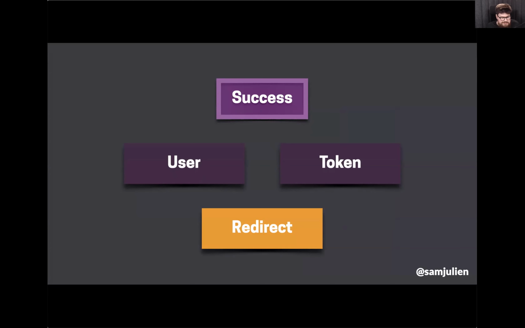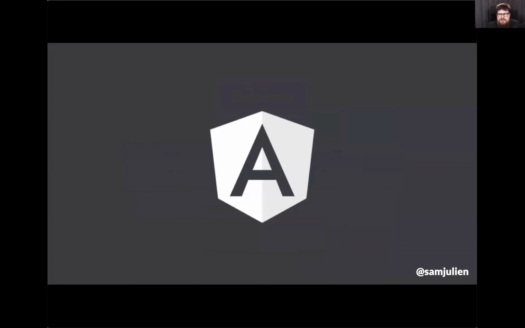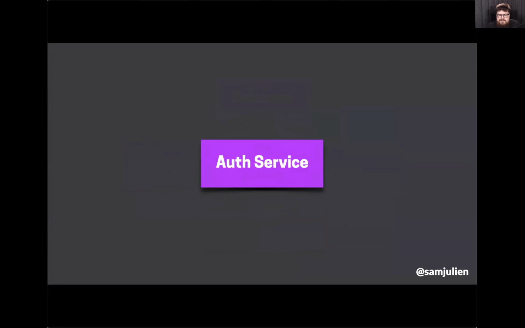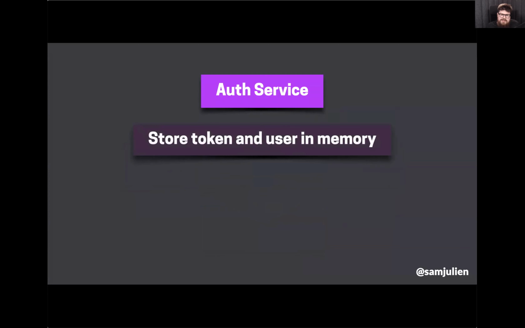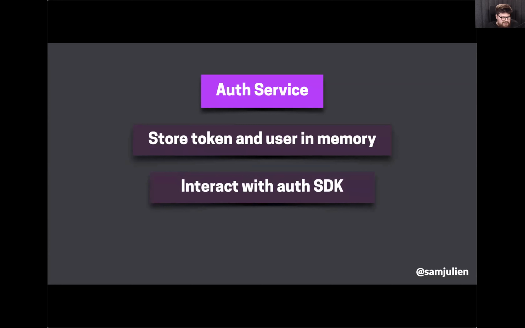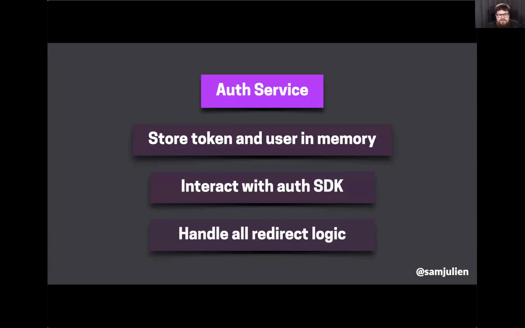app, Vue, whatever else. So when we go to implement this in regular Angular, we tend to make a really big authentication service. We have this big auth service, and inside of the auth service, we do a whole bunch of things. We store the token and the user in memory. We interact with whatever auth SDK we're using, and we handle all redirect logic there, like sending the user back.